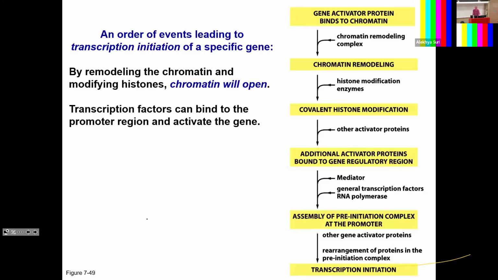Histone modification enzymes would also help to make the interaction of nucleosomes with the DNA more loose, so activator proteins can move in. We heard the mediator complex helps to get all these transcription factors bound to the DNA, and all those complexes in one focal point. That's when general transcription factors and RNA polymerase will be activated.